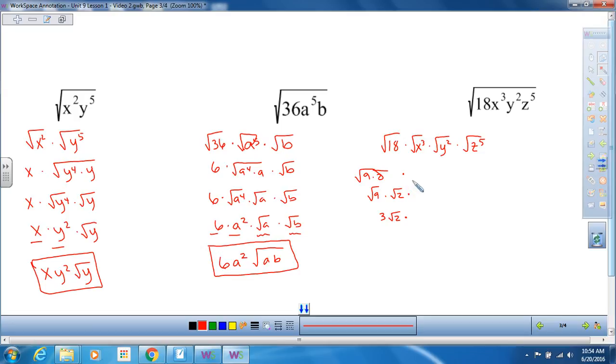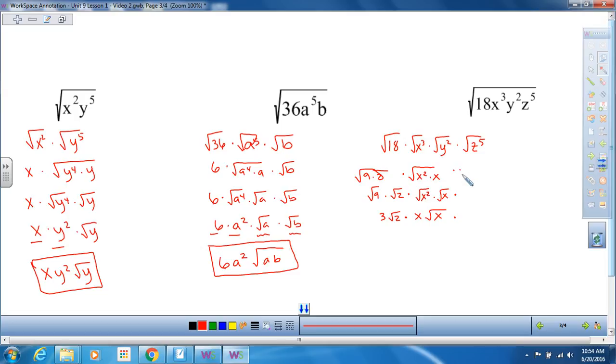Okay, x cubed, I can write that as x squared times x. And then if I separate my x squared and my square root of x, the square root of x squared is x, so 1 x on the outside, and then you still have 1 x left on the inside. Okay? And then I will deal with my y squared.